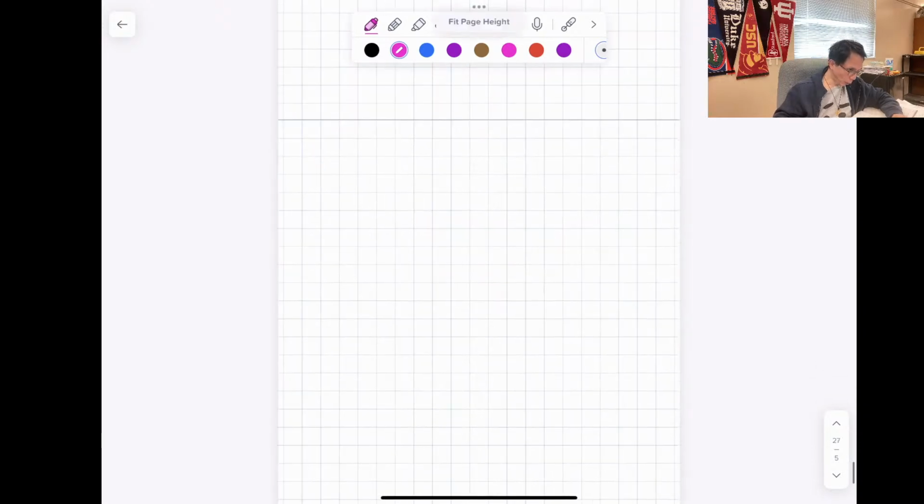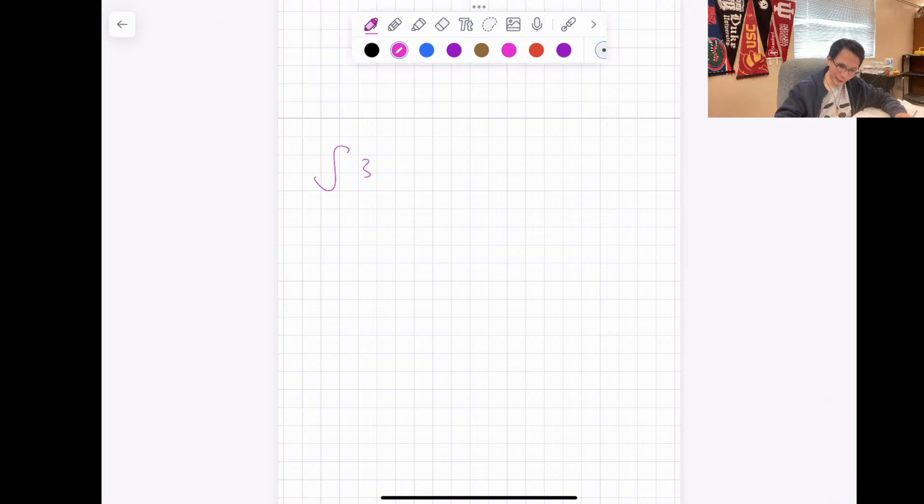Now, what we're going to do is take an integration of 3x squared. No, 3x. What's the integration of 3x?